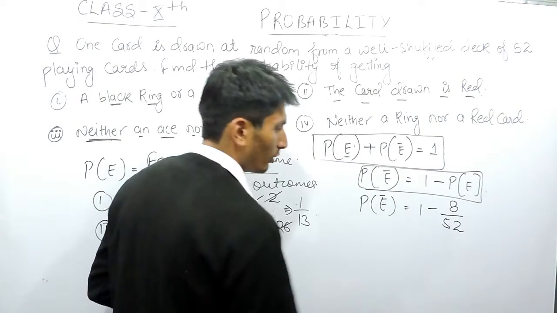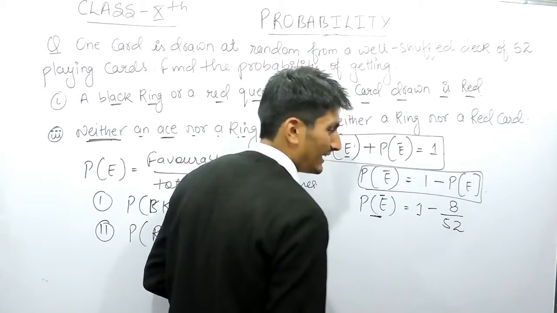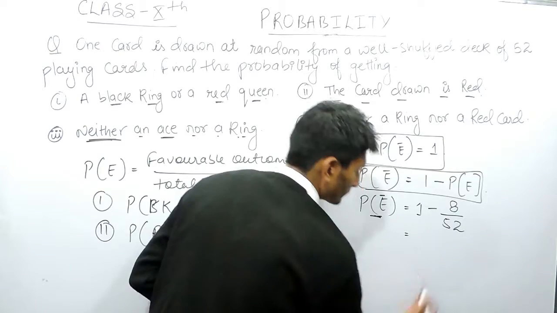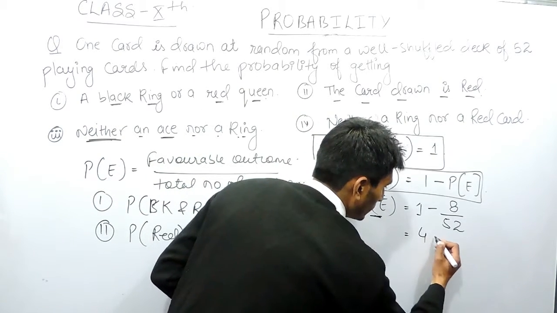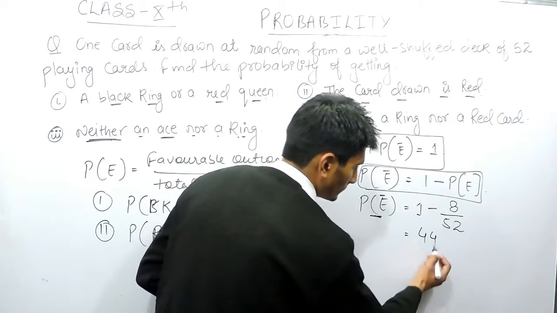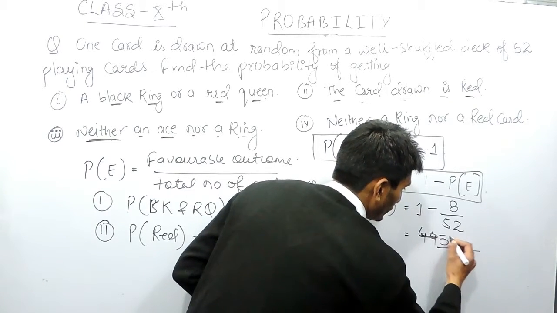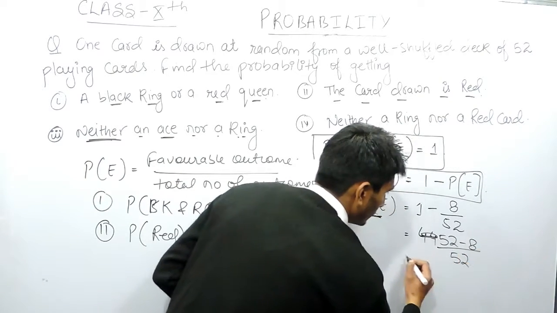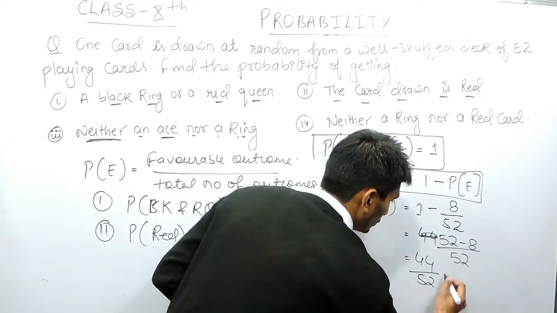So obviously the probability of not coming will be 1 minus 8 upon 52. If I take the LCM, this will be 52 minus 8, which is 44 upon 52.